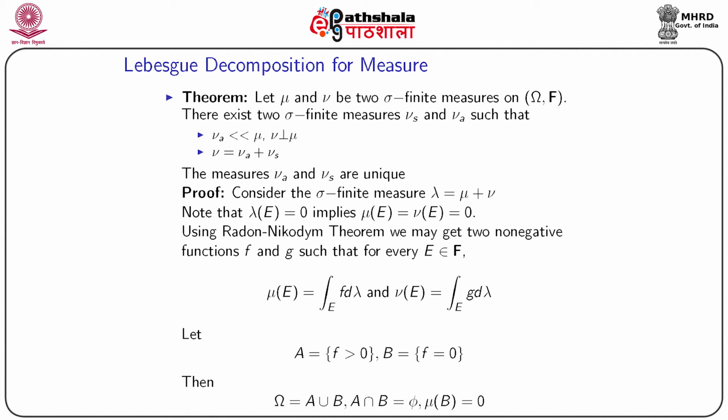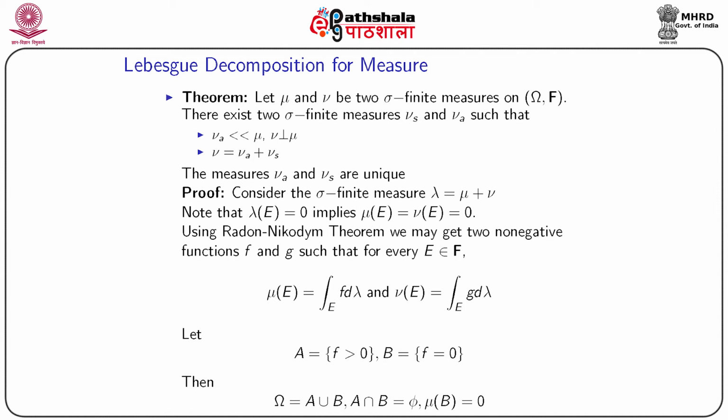To prove this, consider the sigma finite measure lambda equal to mu plus nu. Note that lambda of E equal to 0 implies mu of E and nu of E both are equal to 0. Then we can use the Radon-Nikodym theorem. We may get two non-negative functions f and g such that for every E belonging to script F, mu of E is the integral over E of f d lambda and nu of E is the integral over E of g d lambda.